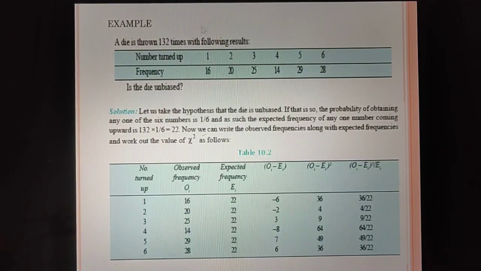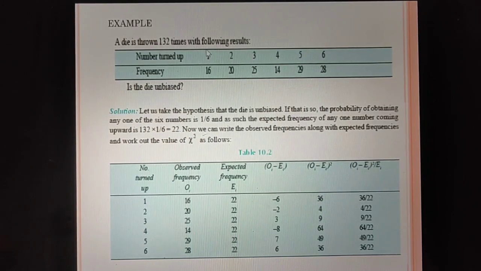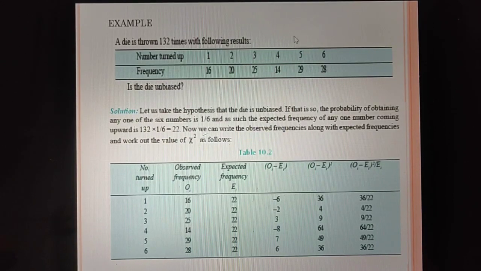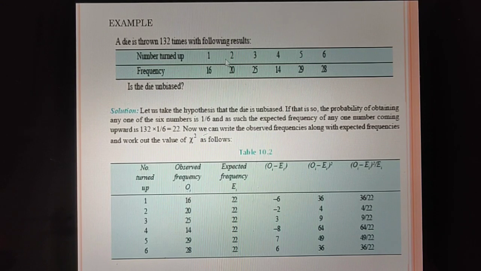So this is the example I have taken. A die is thrown 132 times and the following result is observed. The number turned up, there are 6 categories, 1, 2, 3, 4, 5 and 6, and these are the frequencies: the number of times 1 comes is 16, the number of times 2 comes is 22, and accordingly.